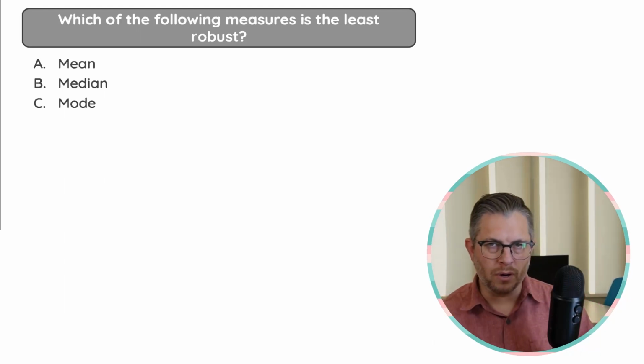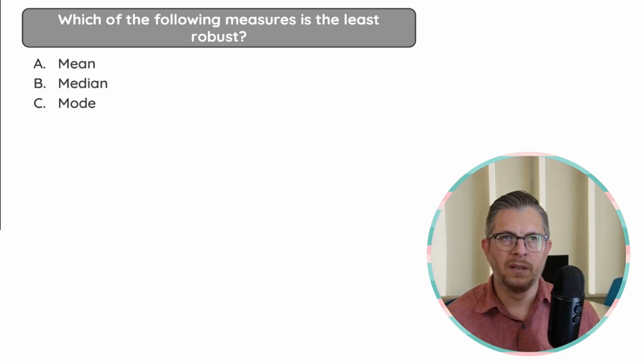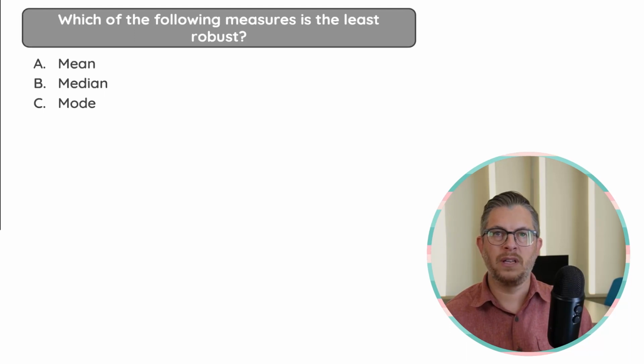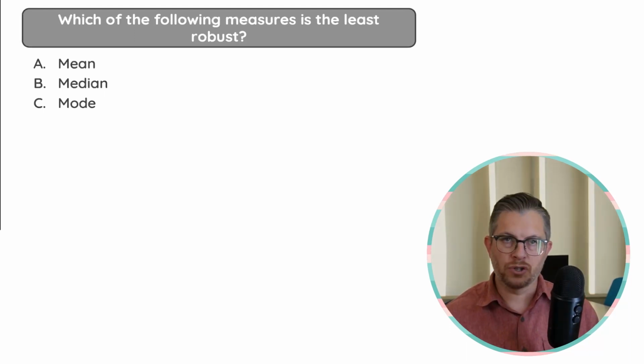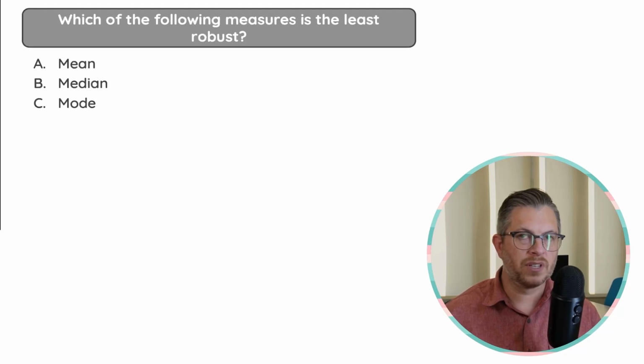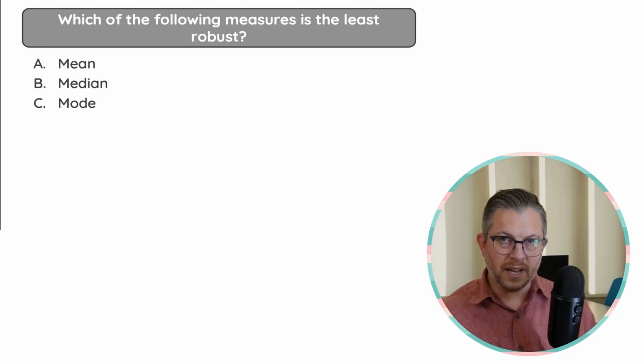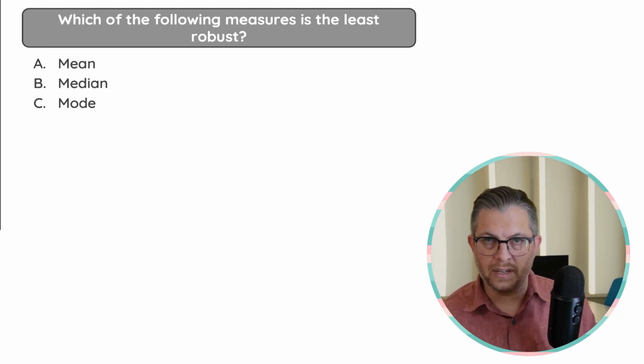Median and mode are quite robust because they don't rely on the total amounts of all values. Right? We're just ranking things. So median is going to be that middle value. If your highest value now all of a sudden quadruples in size, that actually doesn't change your median at all.